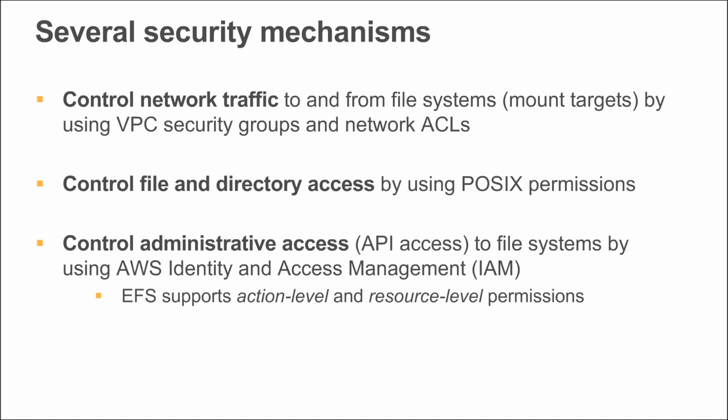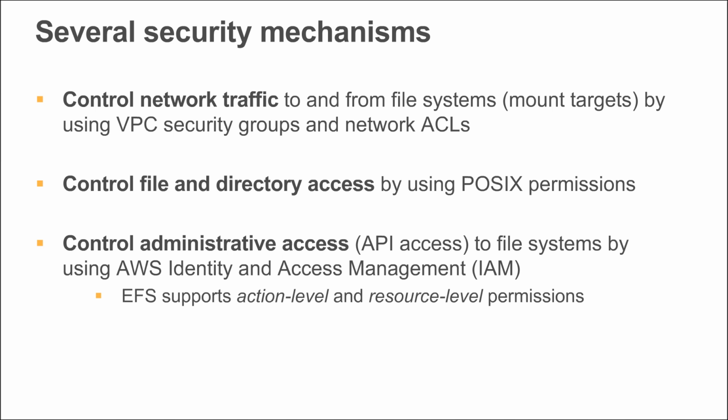So you specify what traffic is allowed to reach your mount targets, and in turn, which traffic is allowed to reach your file system. You control file and directory access by using standard POSIX permissions at the data access level. And then at the administrative level, you control administrative access to your file systems using IAM.